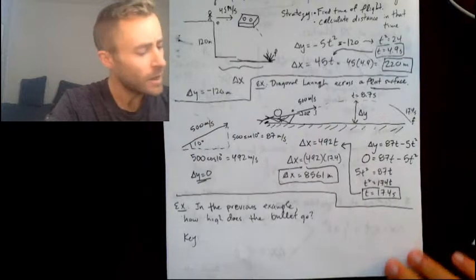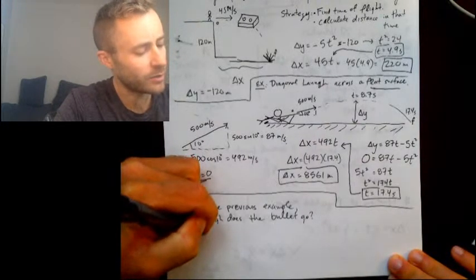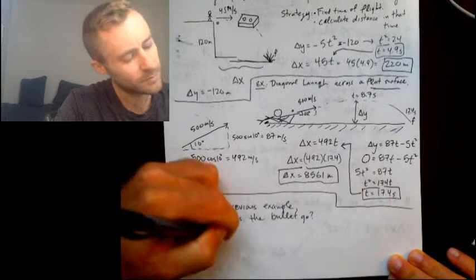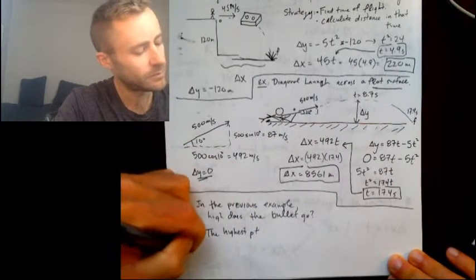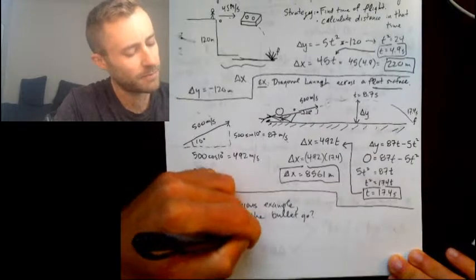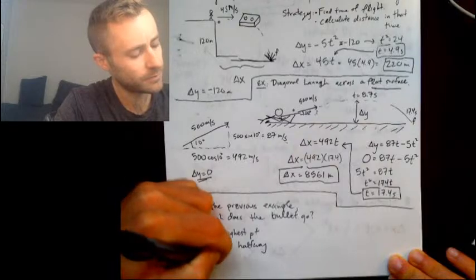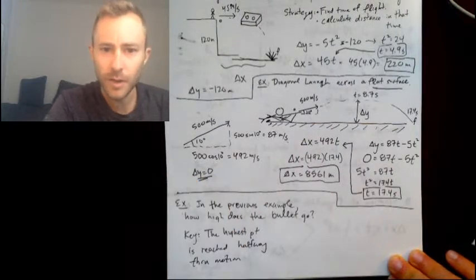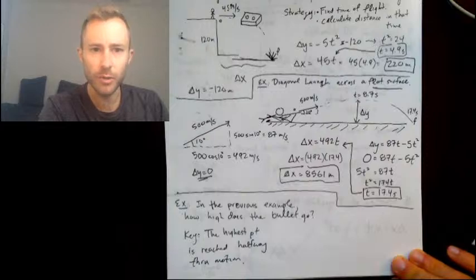Okay? So the key is that the highest point is reached halfway through the motion. Okay? The highest point is reached halfway through the motion.